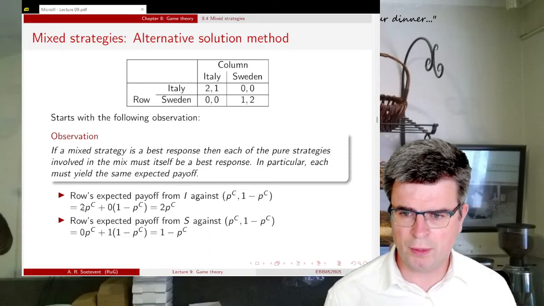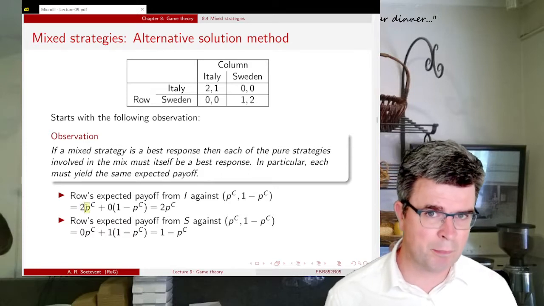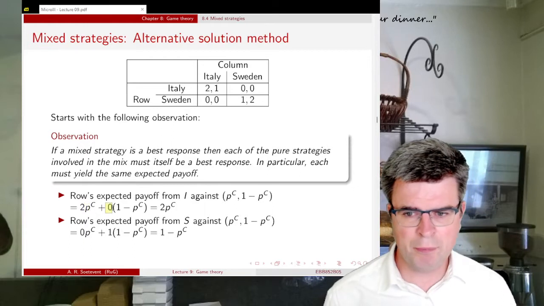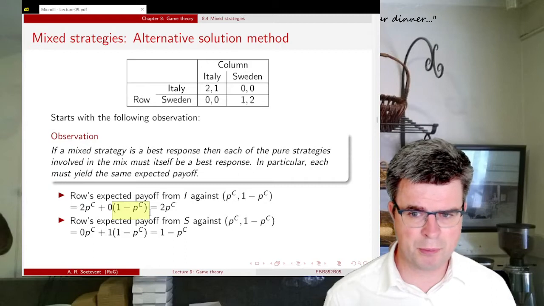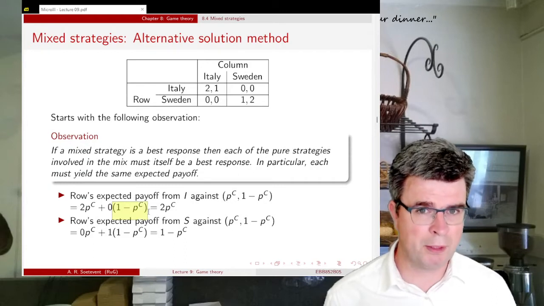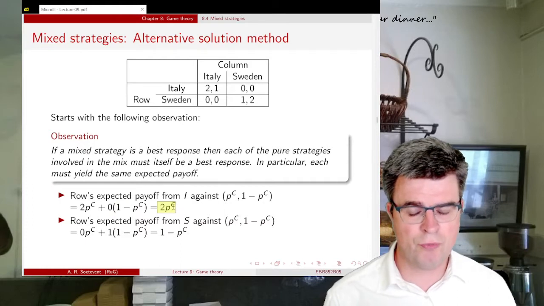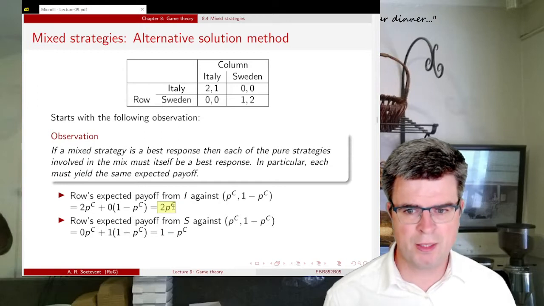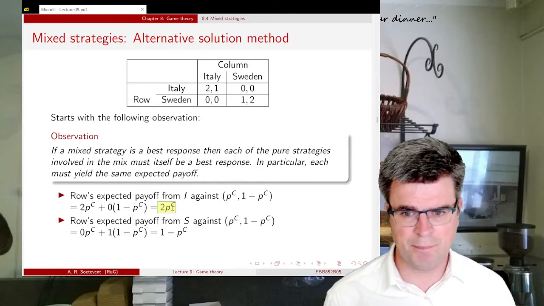So that will give him a payoff of 2 if the column player plays Italy as well, which happens with probability PC. And he will receive a payoff of 0 if the column player chooses Sweden, which happens with probability 1 minus PC. So simplifying, if the row player chooses Italy with certainty, then his expected payoff is equal to 2 times PC.